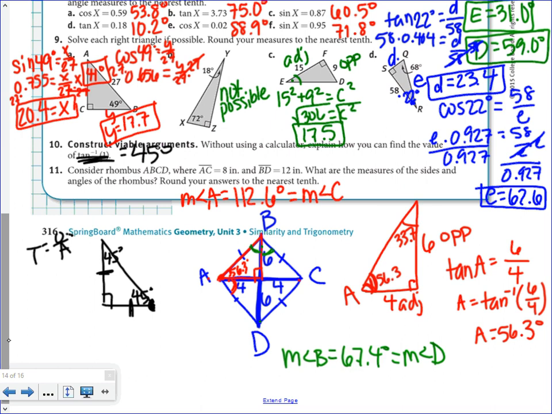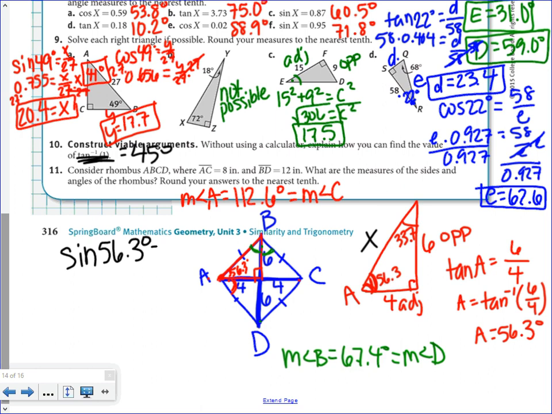Then we need to find our side length. So if you want to do Pythagorean theorem, you can, or if you would prefer to do trig, you can do it that way. So I'll do trig since I did Pythagorean theorem earlier in a case like this. So I'll use the 56.3, and this is my hypotenuse. So if I'm going to use sine, you could use cosine, that's up to you.